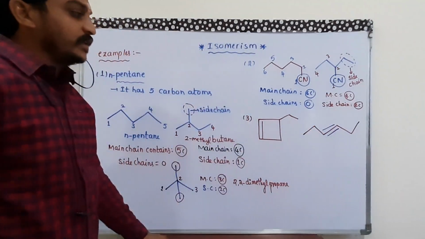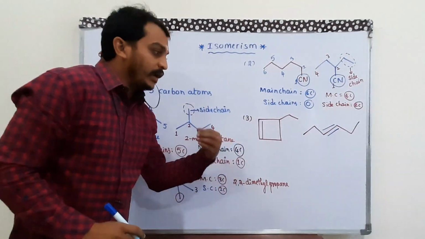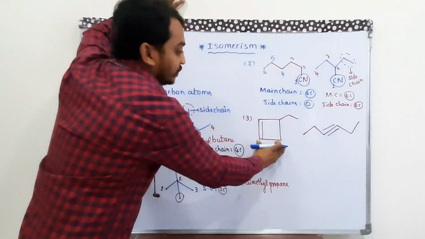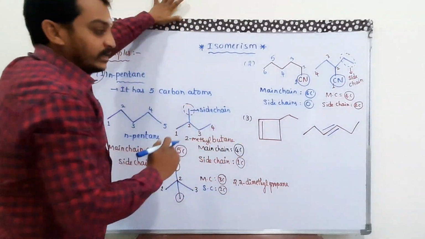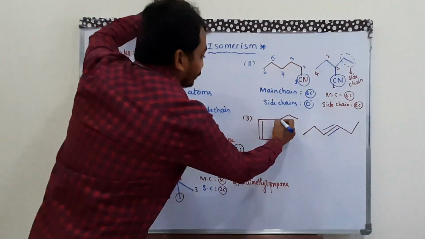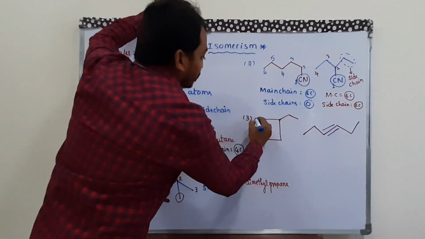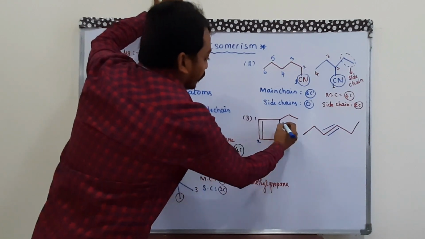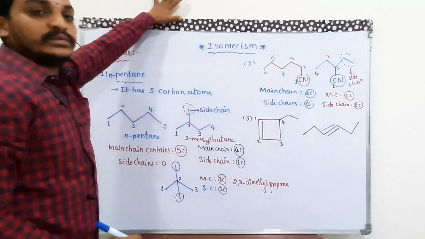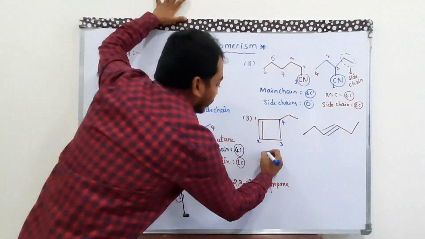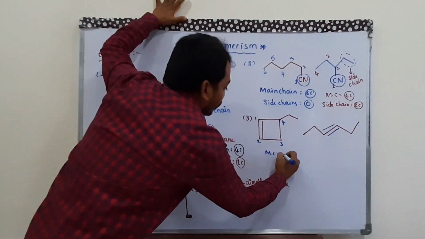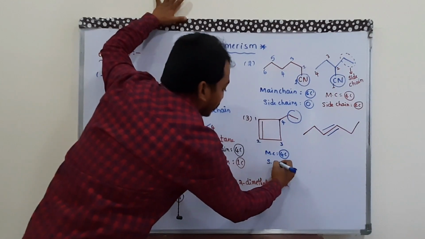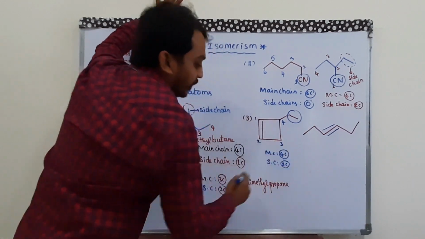Why am I explaining this example? Just observe. According to the essential conditions, this one has 1, 2, 3, 4, so the main chain contains 4 carbon atoms, with one side chain containing 2 carbon atoms.